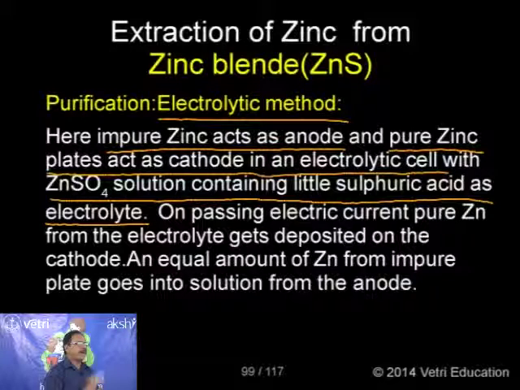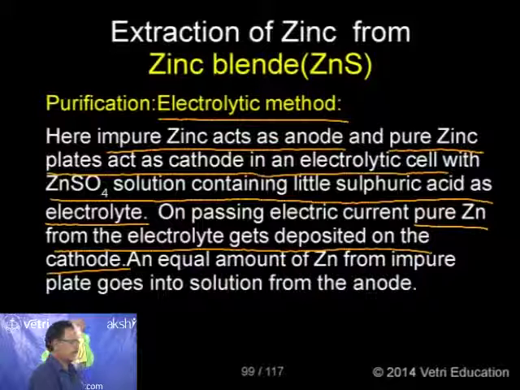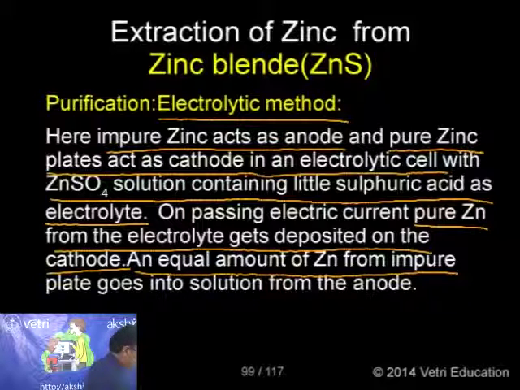So on passing electric current, what will happen? Pure zinc from the electrolyte, from the solution, gets deposited on the cathode. What will happen now? An equal amount of zinc from the impure plate goes into solution from the anode.